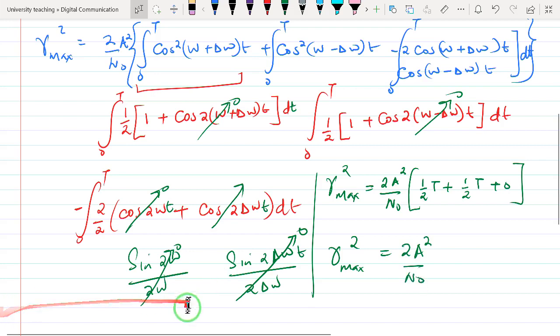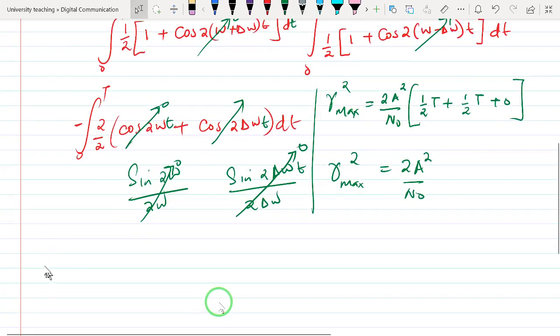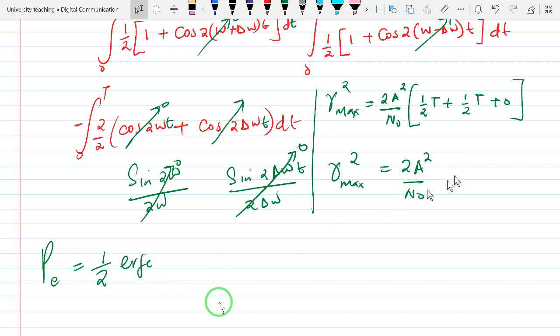Now we remember that our expression for probability of error was given by 1 over 2 erfc of gamma max squared, which is now 2A squared all over N0, divided by 8.